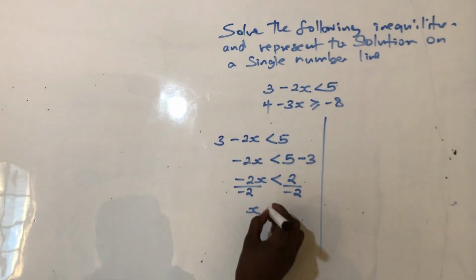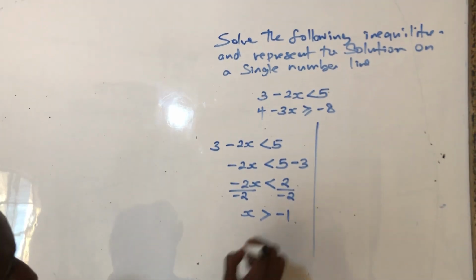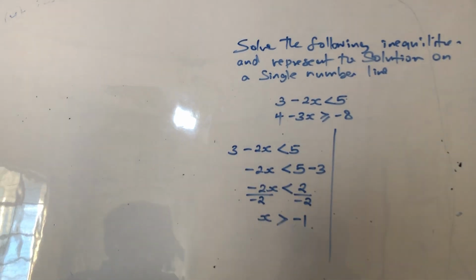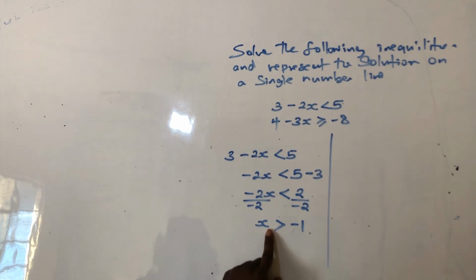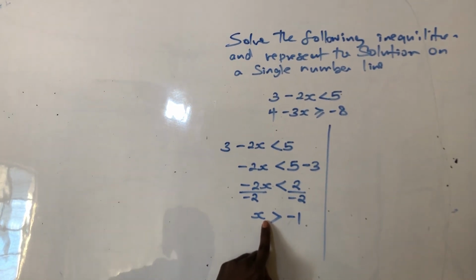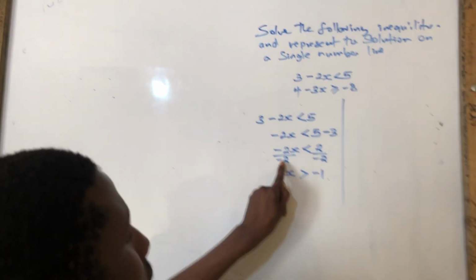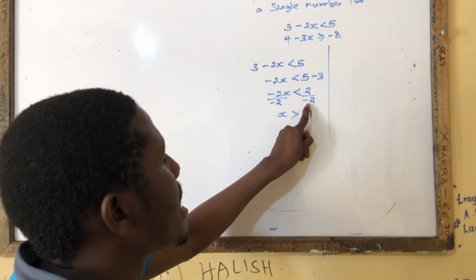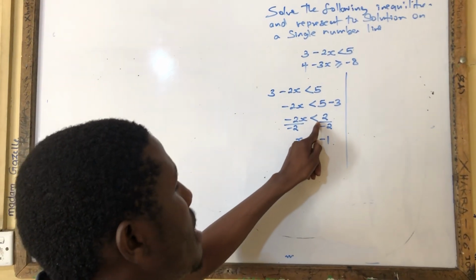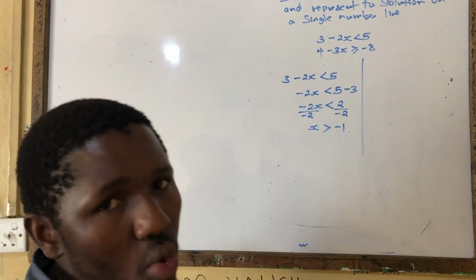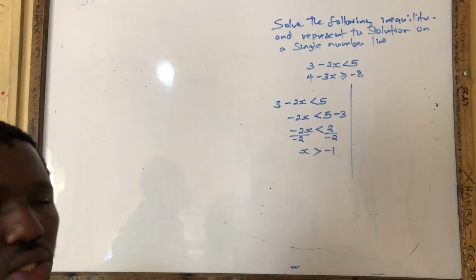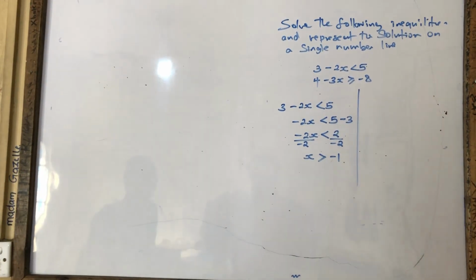X would become greater than negative 1. Why is it becoming greater? We agreed in our previous lesson that whenever an inequality is divided by a negative, remember to change the inequality symbol so it becomes greater than.